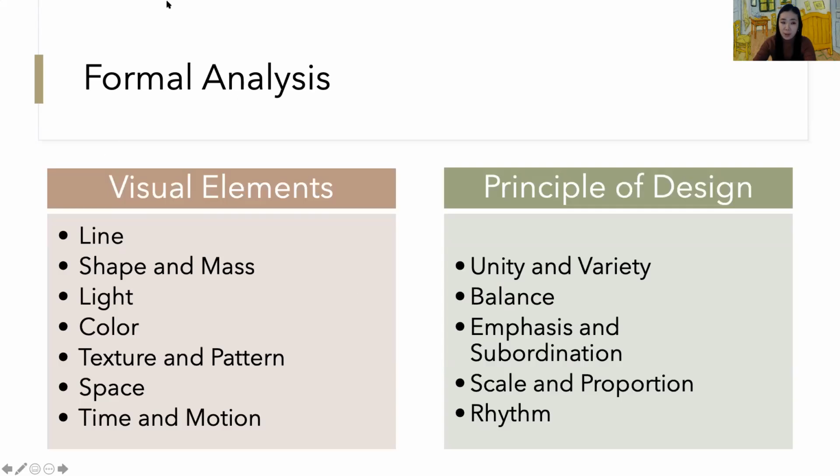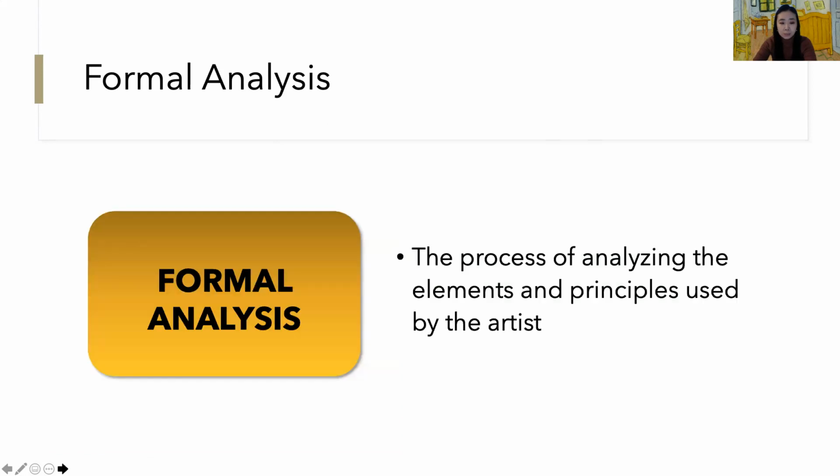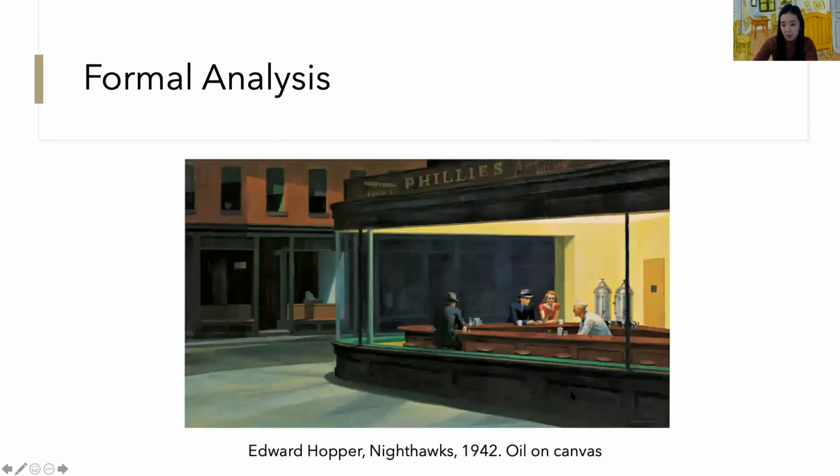So again, formal analysis is an analyzing method when you see a work of art by using these visual elements. Formal analysis is the process of analyzing the elements and principles used by the artist. I just talked about this painting. Sorry about that.